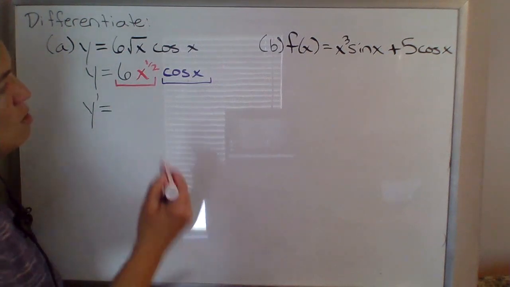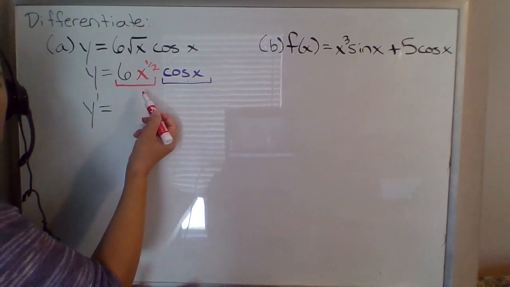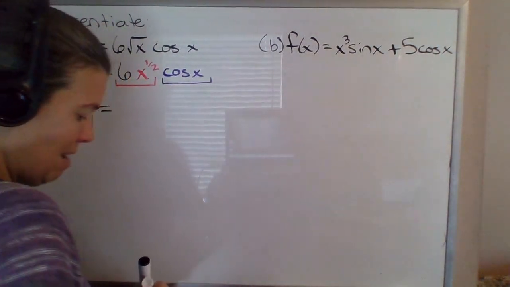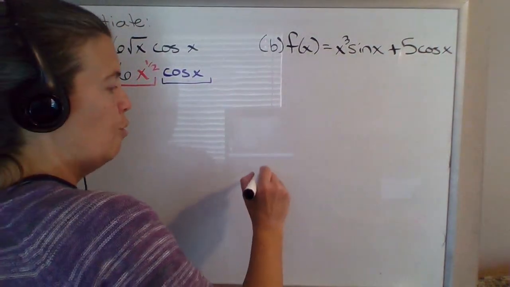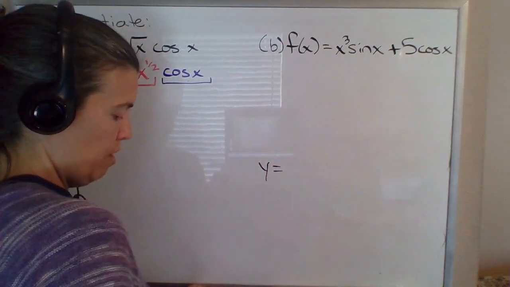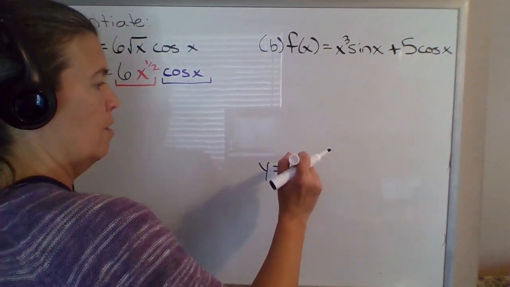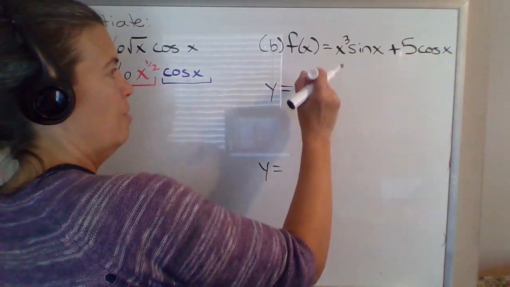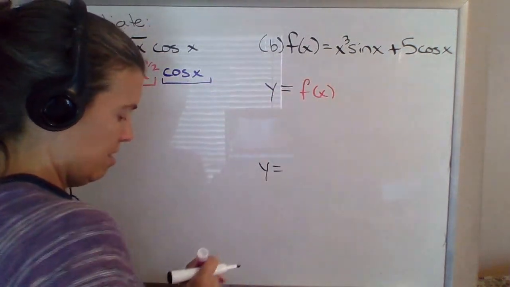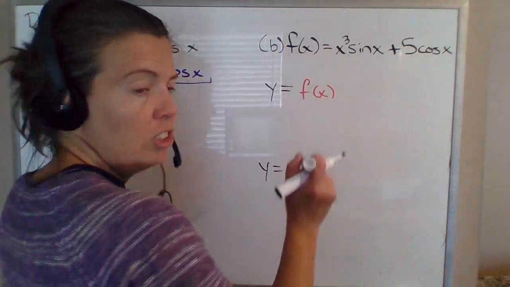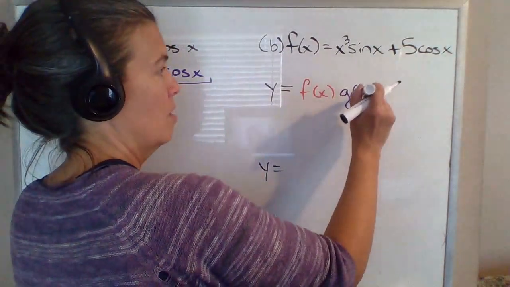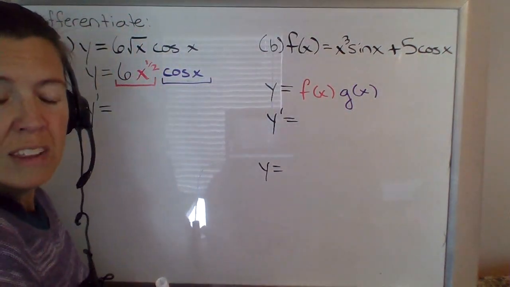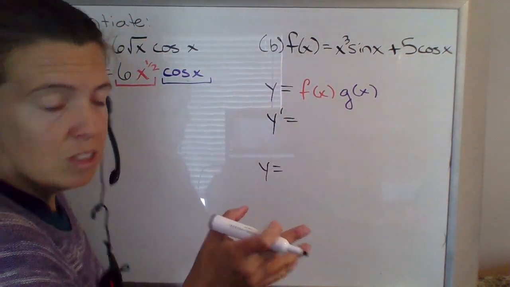So let's say we differentiate the first part first, which, by the way, with the product rule, let me jot it down. So if we've got some function f of x times another function g of x, then y prime is equal to, and this may not be the order that I have it typed in the notes, and it's okay.